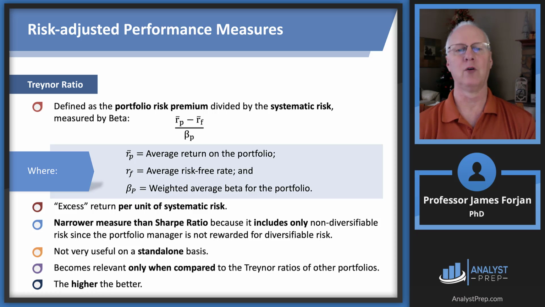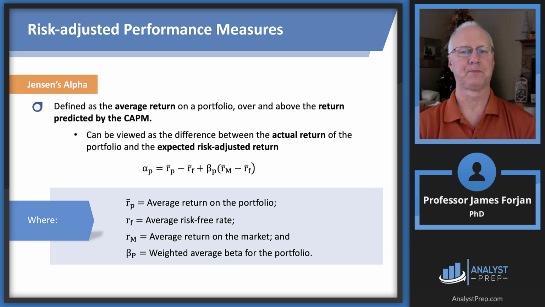Beta equals covariance over variance. So there's that second teardrop point, narrower measure than Sharpe risk, right? Not very useful on standalone. So once again, we need to compare. And again, we want lots of numerator and a little bit of denominator. So the higher the Treynor ratio, the better the performance.